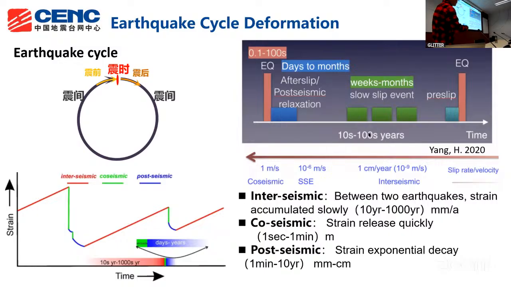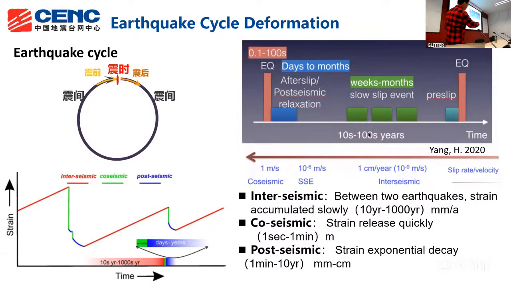But this picture also shows that, except for these three main stages, seismologists' research tells us that before the co-seismic, we also have a pre-slip. For now, only for several big earthquakes can we monitor the pre-slip before the event, because you can imagine, if for every big earthquake we could monitor the pre-slip, earthquake forecasting would be done.